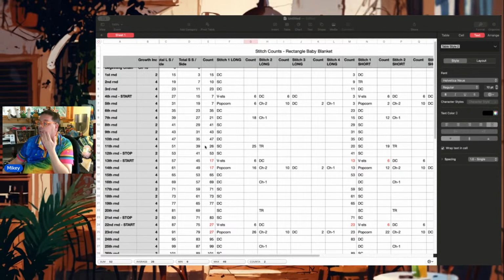Trebles. 39 divided by 2. So it's 51 divided by 2. So if I just go down, so instead of 51, 50 divided by 2 equals 25, right? So that's 25 trebles. So we can take that number trebles here.